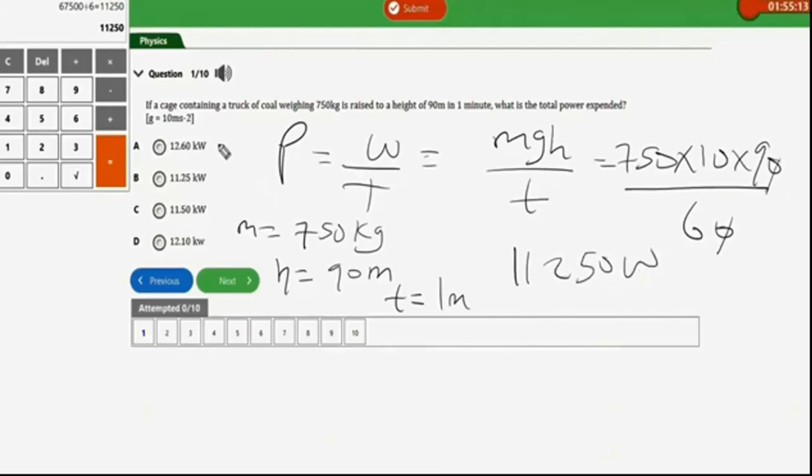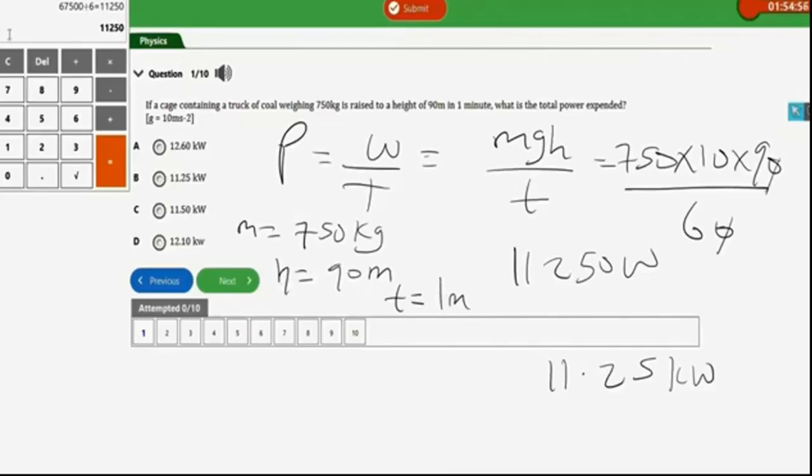That's the answer, but they left the options in kilowatts, so this is equivalent to 11.25 kilowatts. So the correct option in this question is Option B, 11.25 kilowatt. That's it for this particular question.